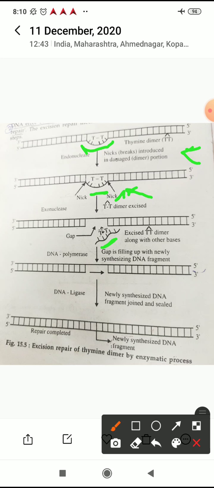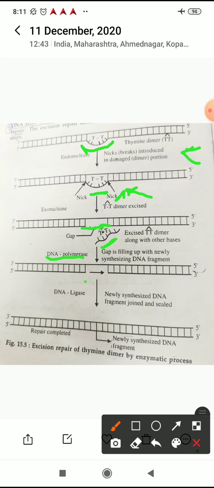Due to the formation of nicks on both sides of the damaged DNA, here you can see this part is removed from the DNA, and later the gap produced is filled up by a newly synthesized DNA fragment, and the responsible enzyme over here is DNA polymerase.